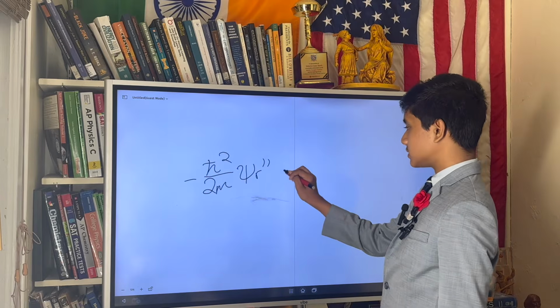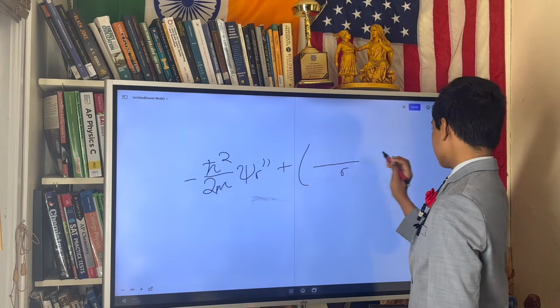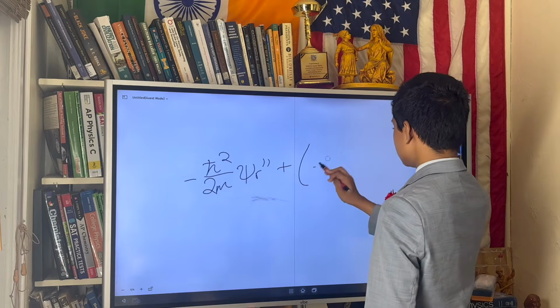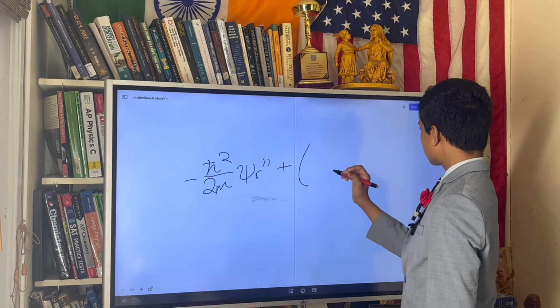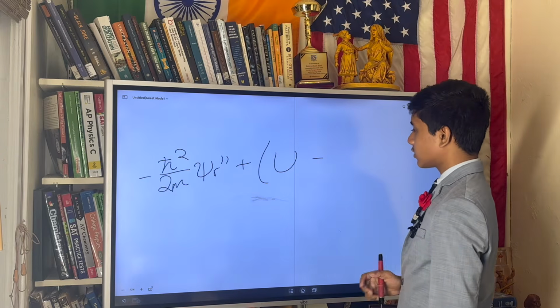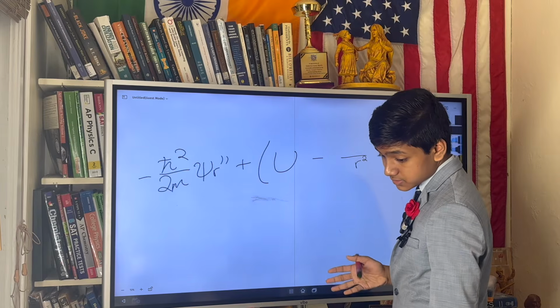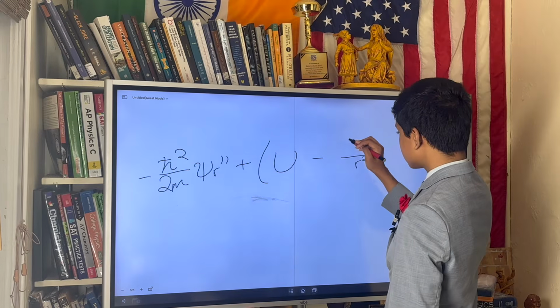So you have this plus, I believe, this is just going to be the potential function. And then you're going to have the centripetal term, which is over r squared. I can't remember the specific constants.